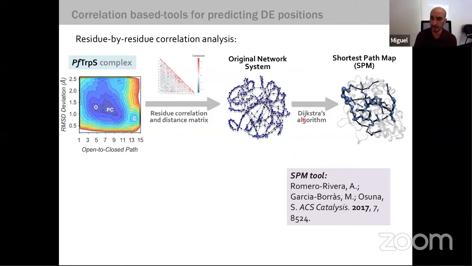Then, by applying the Dijkstra algorithm, we finally obtain the shortest path map. The meaning of this graph is basically a fingerprint of the conformational dynamics of the enzyme, or it can be seen as the enzyme pathways that most contribute to the conformational dynamics, in terms of correlated motions.